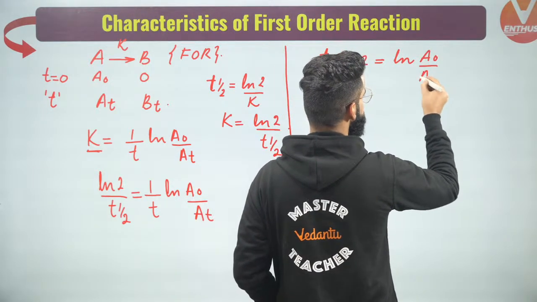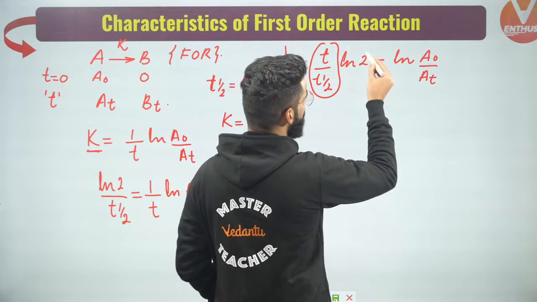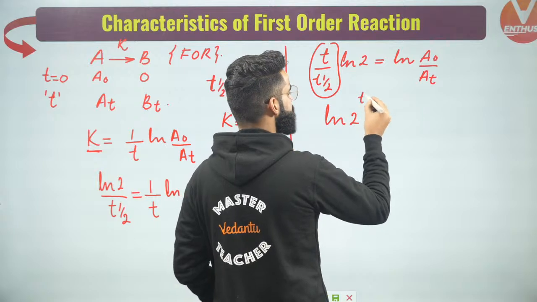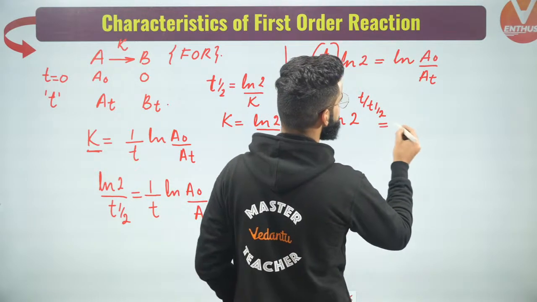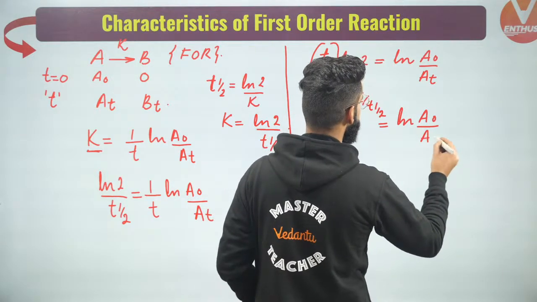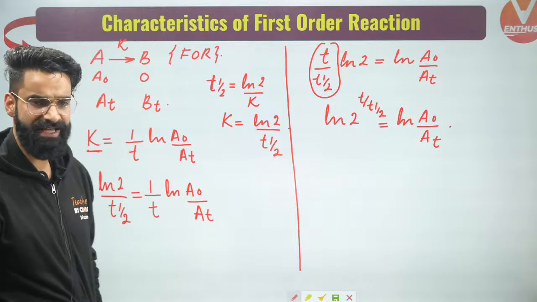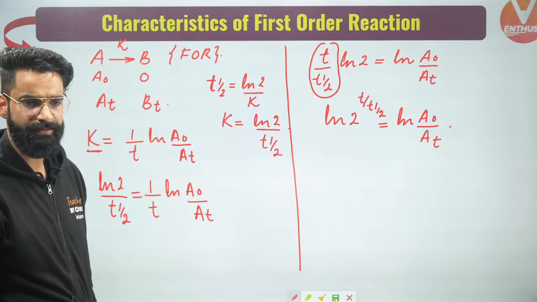Yes, this is something which I got, correct? If I take this t by t half into the power of this 2, I can do that. I can write ln of 2 raised to the power t divided by t half is going to be simply equal to ln of A naught divided by At right here. Yes, can I do that? Absolutely, I can do that, right?